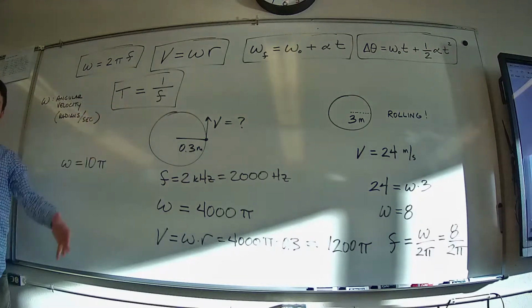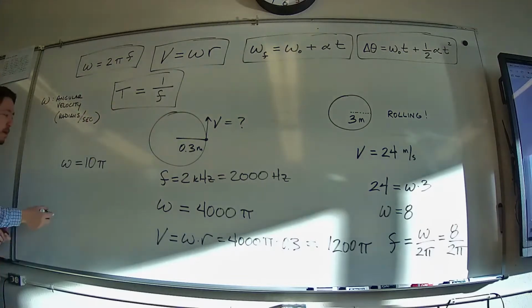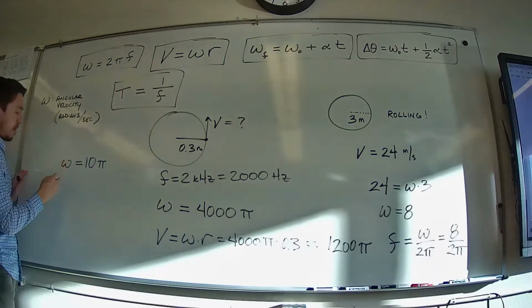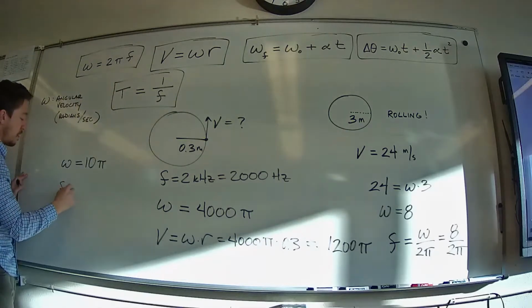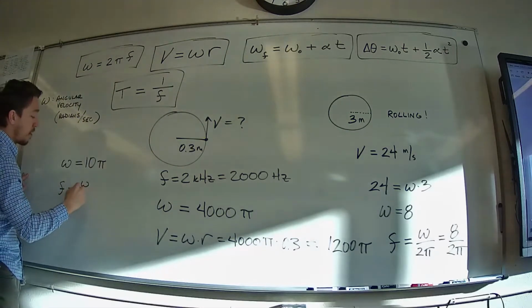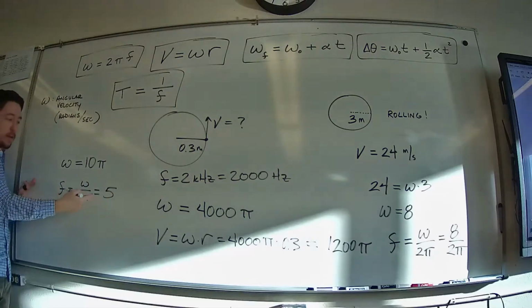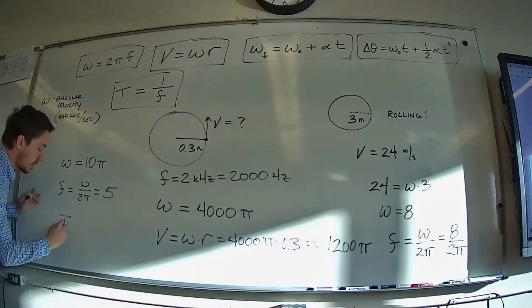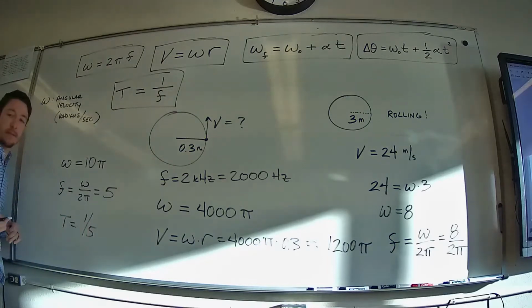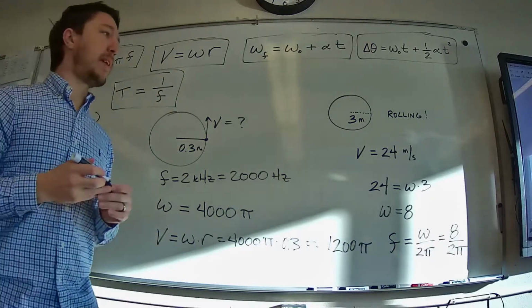Alright, 5. The frequency is omega over 2 pi, so the frequency is 5. And that means the period is the reciprocal of that, 1/5. Cool beans?